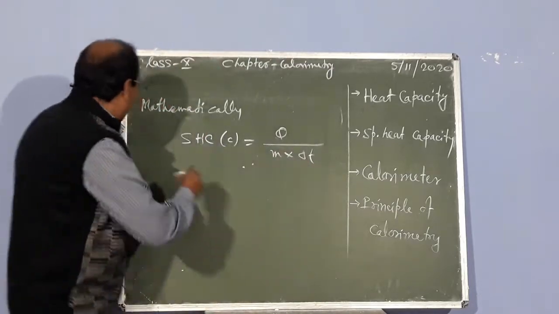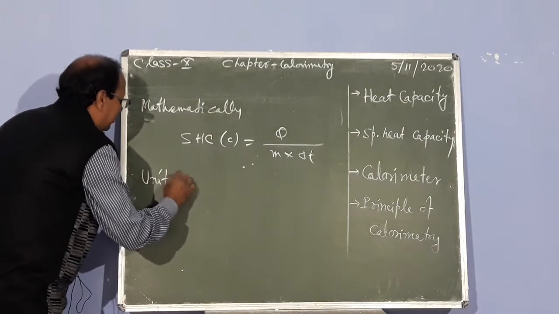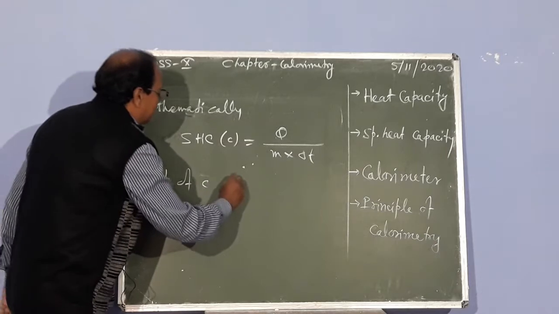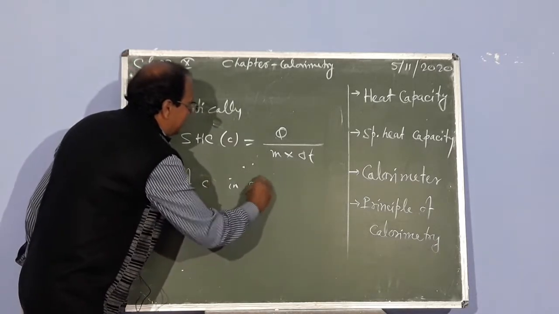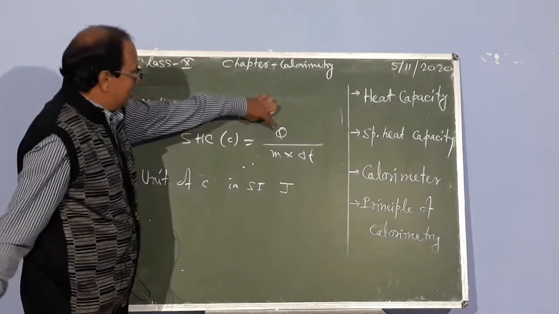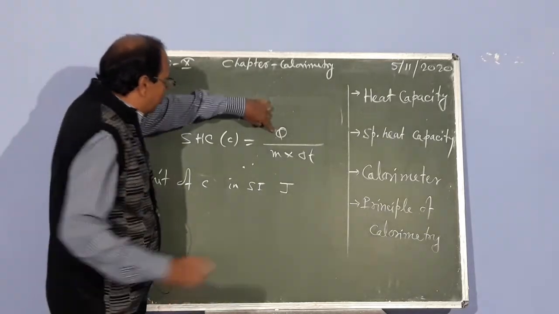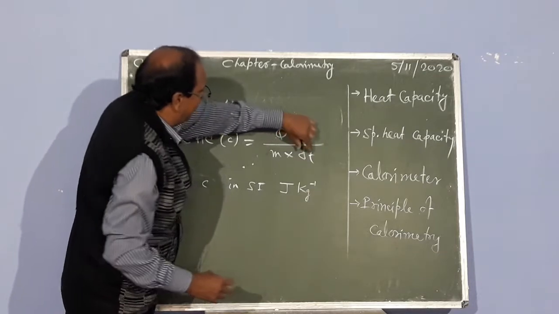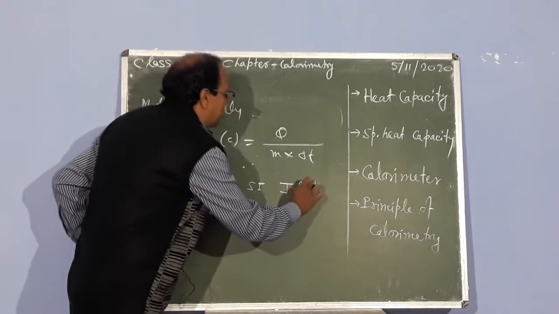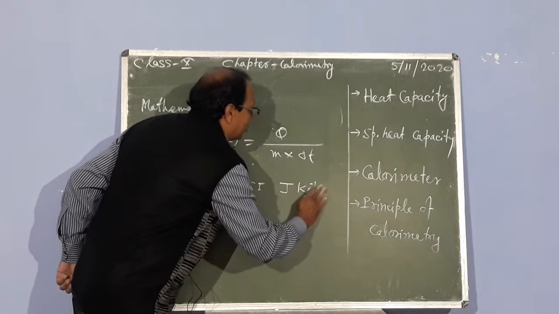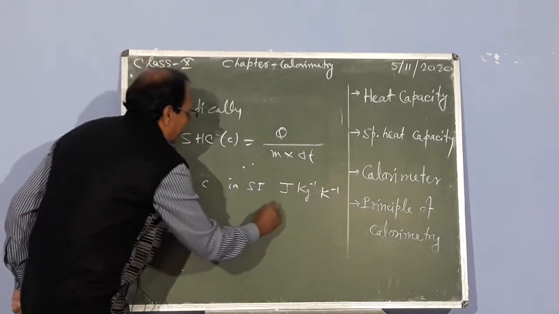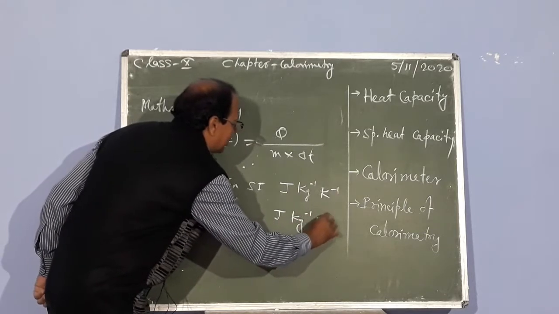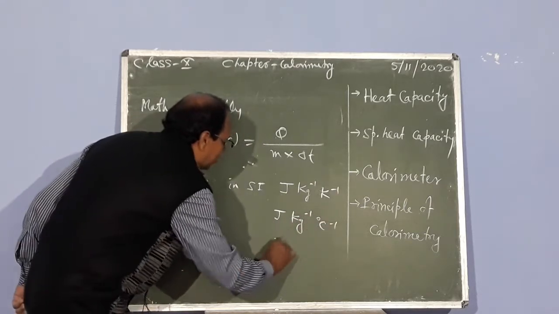In SI, heat is measured in joule, mass in kg, and delta T, the change in temperature, in Kelvin. In other units, joule kg inverse degree Celsius inverse.